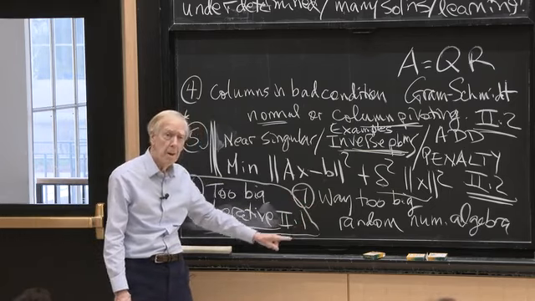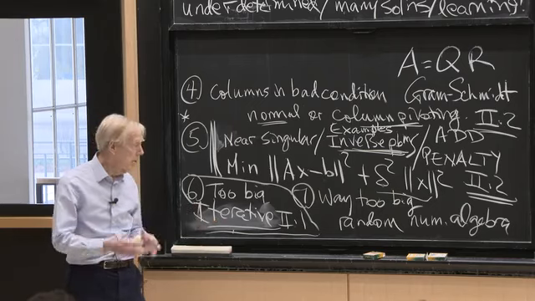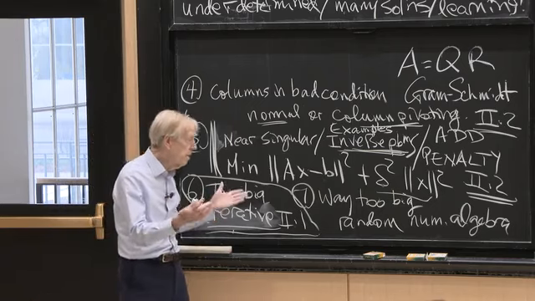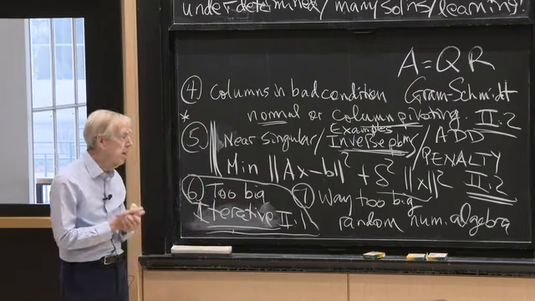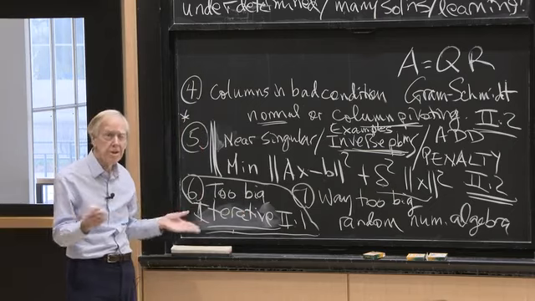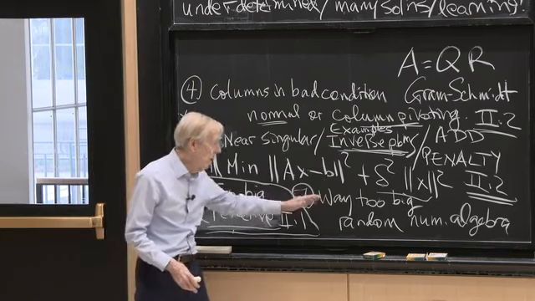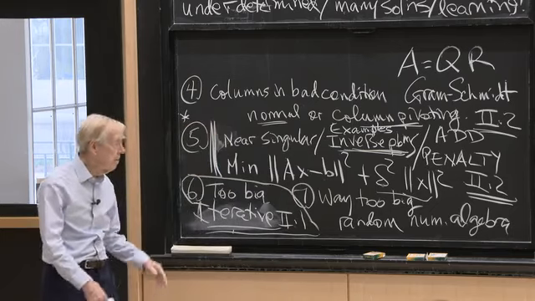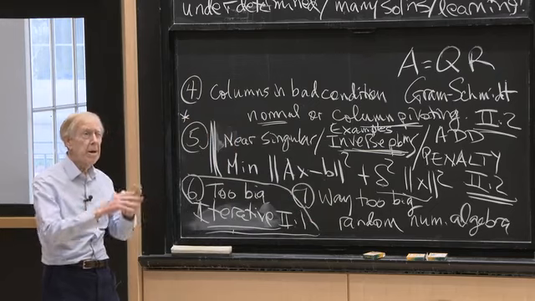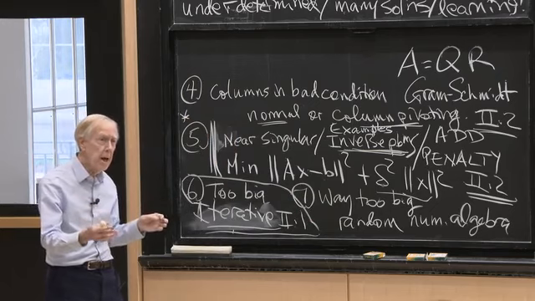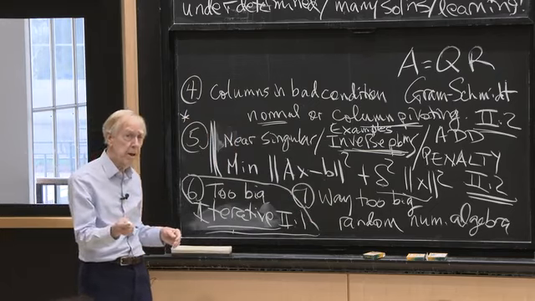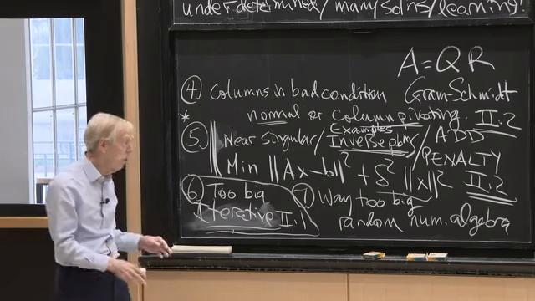And then finally, way too big. Not in core, just a giant, giant problem, which of course is happening these days. You can't even look at the matrix A, much less A transpose A. A transpose A would be unthinkable.